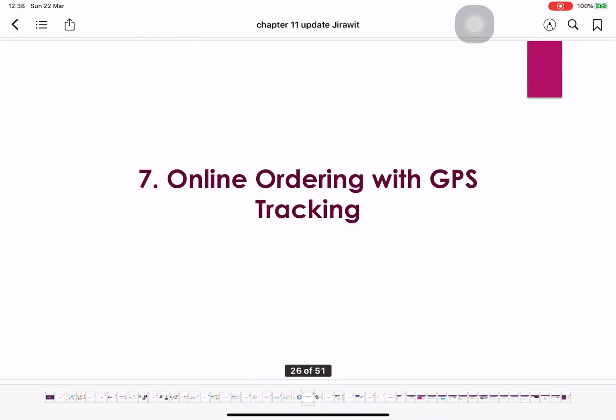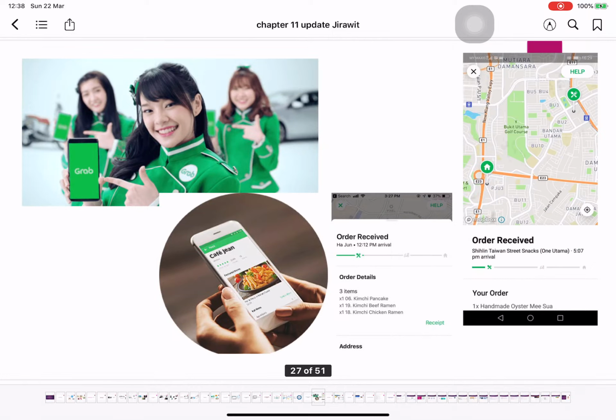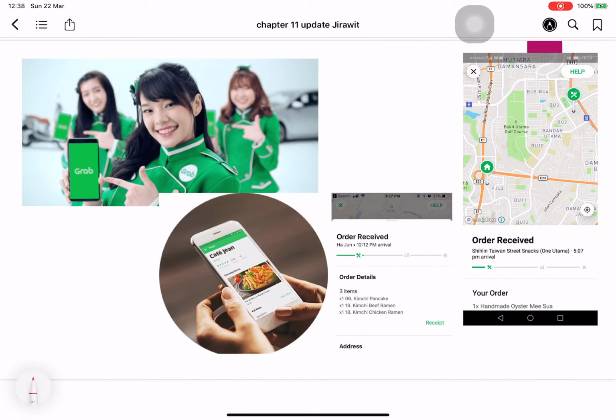Okay. Number 7 is about online ordering with GPS tracking. That is Grab. We have Grab Food, taxi. What else? Lots of things on the platform of Grab. And in your country you might have, I remember, the Jing Dong, right? And this is a platform of Grab.